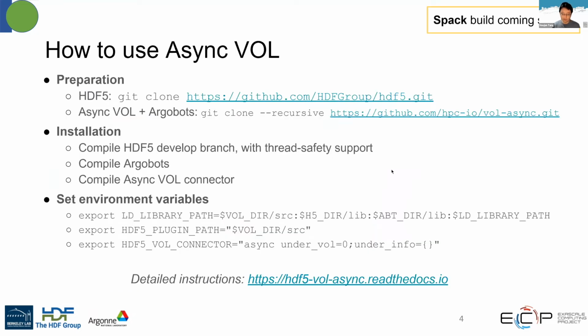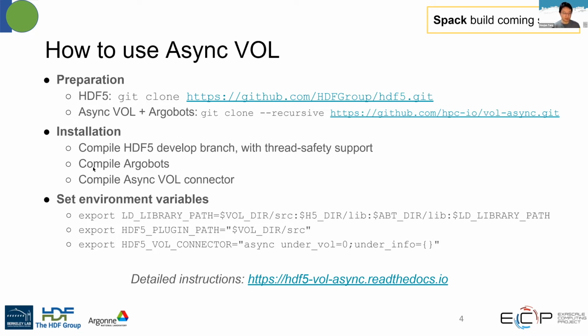Here is a brief introduction on how to use the async VOL. In preparation, the async VOL requires the latest HDF5 develop branch. For the asynchronous execution, we use Argobots as a thread engine, so those codes must be compiled before compiling async. Note that for HDF5, we use the develop branch, and we have to enable thread safety support while compiling it.